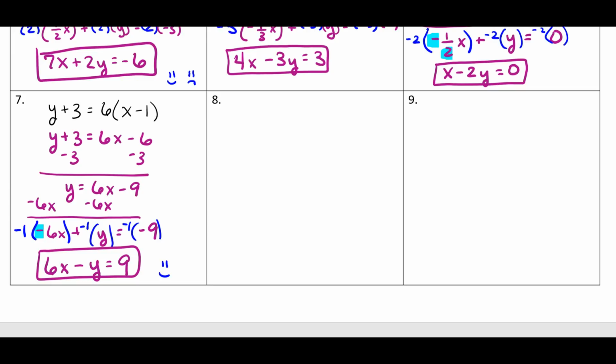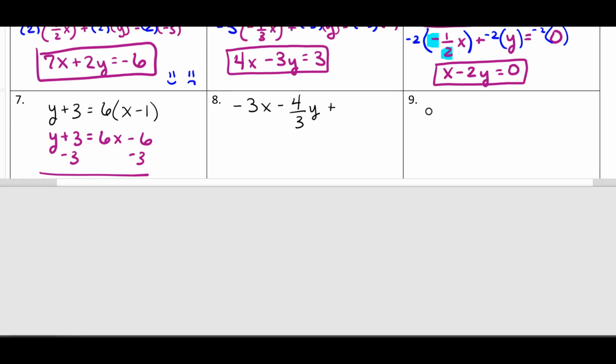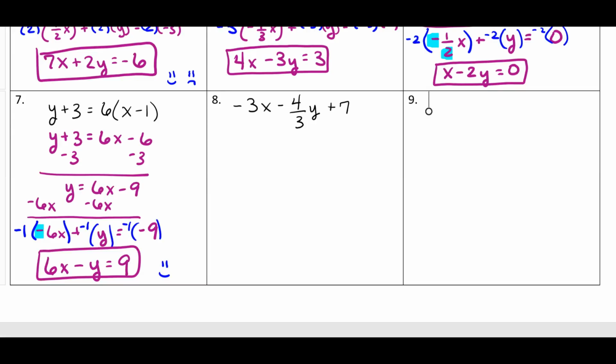Alright, let's look at number 8. Negative 3x minus 4/3 y plus 7 equals 0.